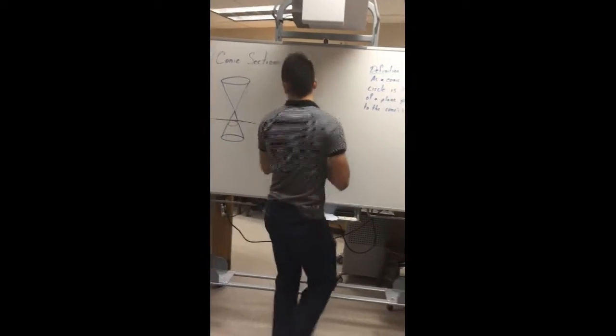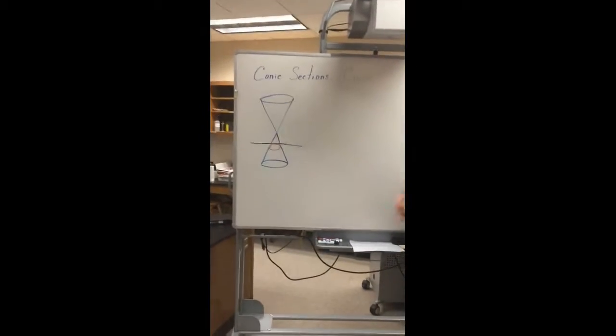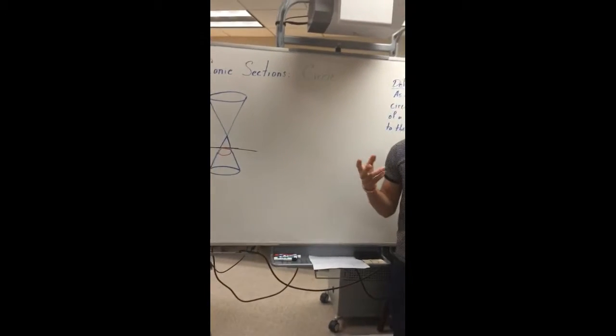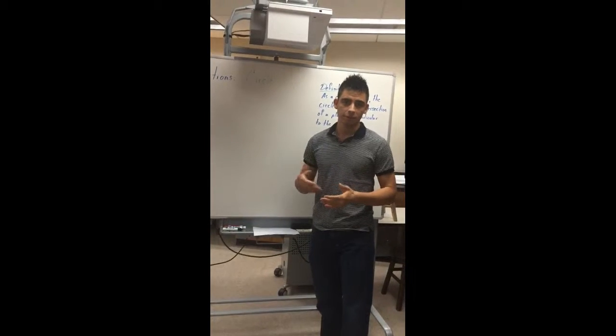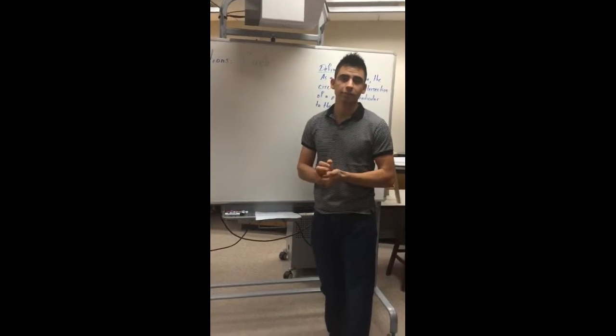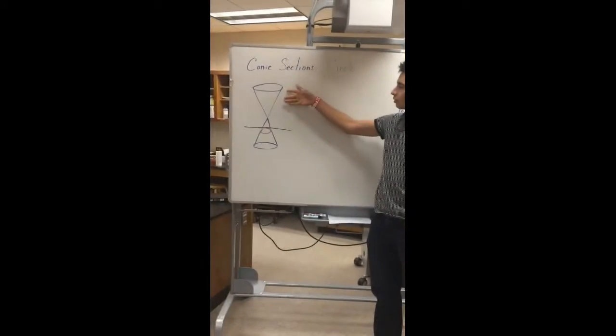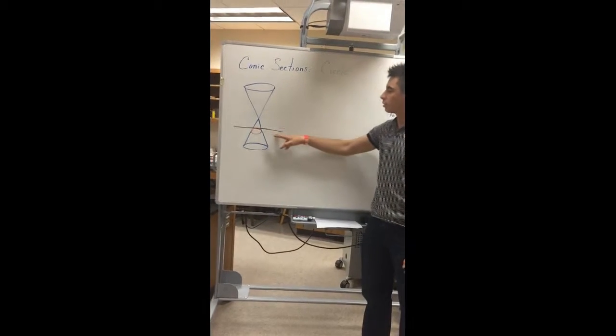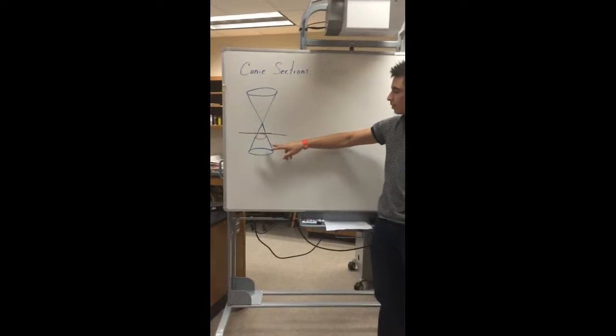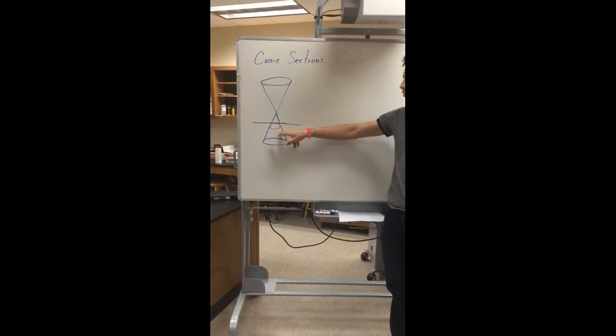As we can see here, we have two double cones intersected by a plane perpendicular to its axis, and it will form a circle.